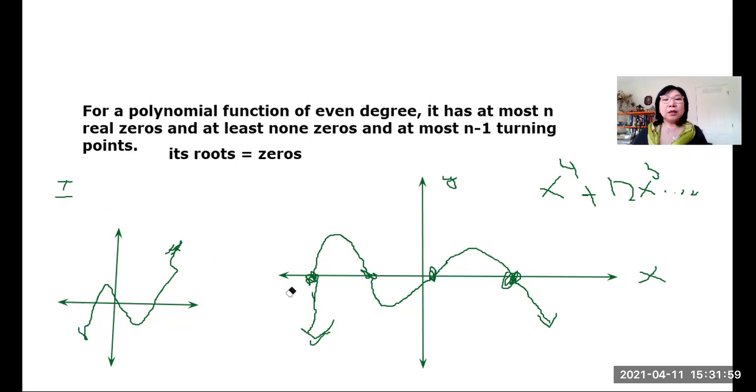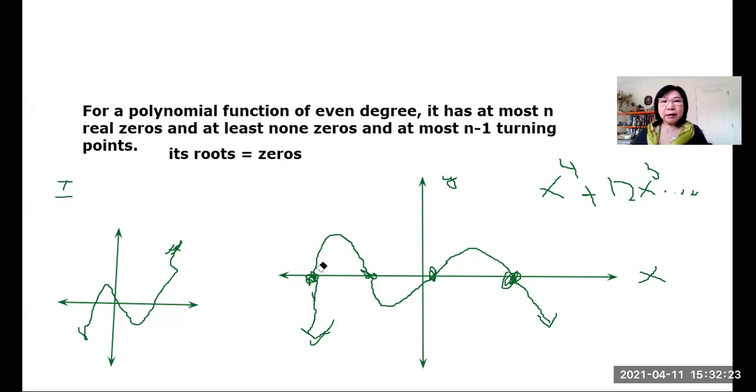Now, it says at most n minus 1 turning points. So for a polynomial function of even degree, it has at most n real zeros and at least none. Why do they have to use the words at most or at least?